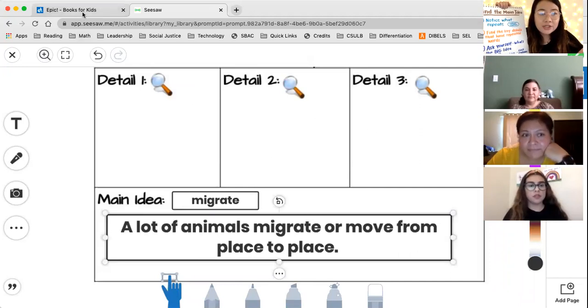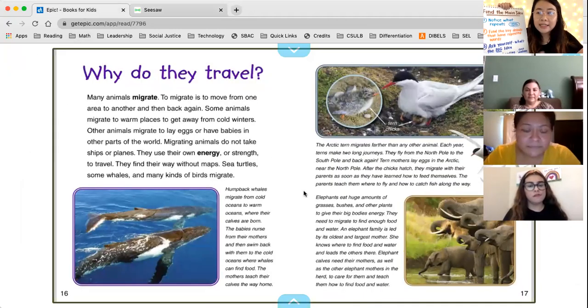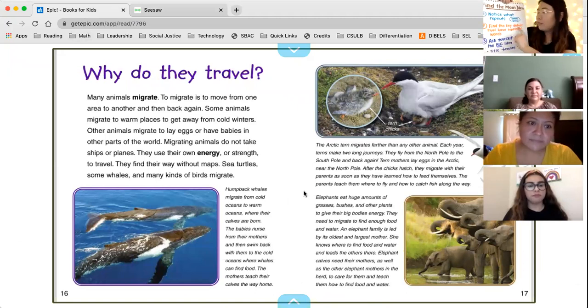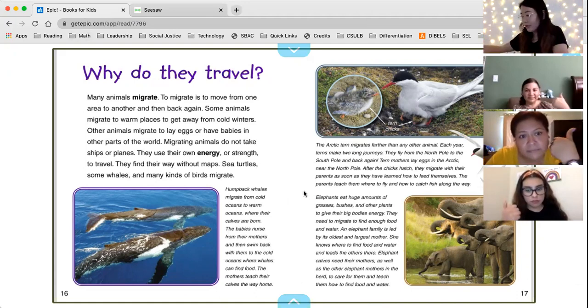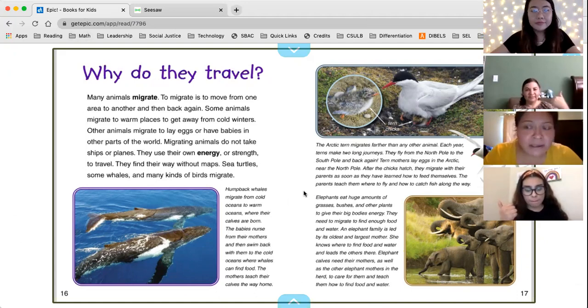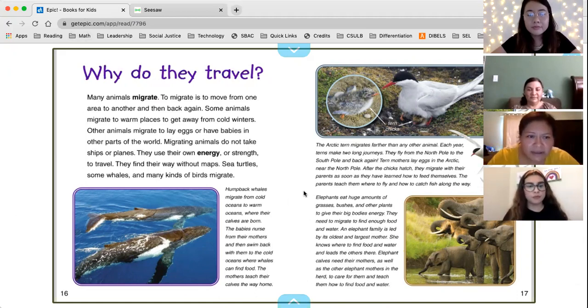And so teachers, did you see a sentence or an idea that could help us write a key detail sentence using the word migrate? Ms. Rosales? So I'm going to say that on the first page 16, they start saying reasons as to why they migrate.